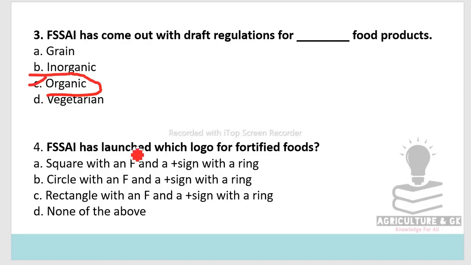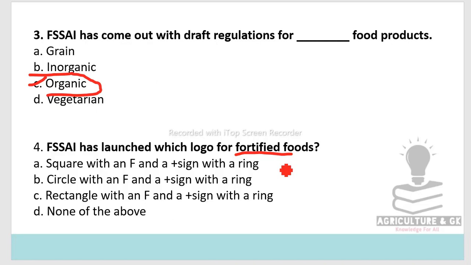Now moving next, FSSAI has launched which logo for fortified foods? So we have already discussed what fortified foods are in our previous videos. So which logo has been used for these fortified foods? FSSAI has recently launched this logo.